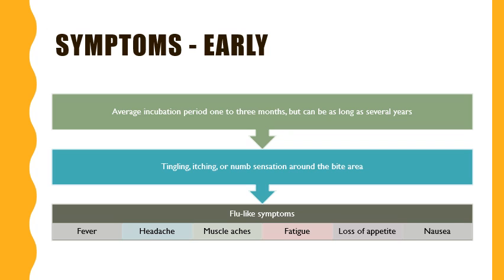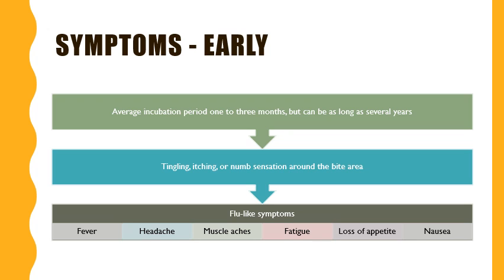So with the clinical course of rabies, there can be a very long incubation period after the initial introduction of the virus. The virus can be incubated for 1 to 3 months usually, but this has actually been shown to be as long as several years.